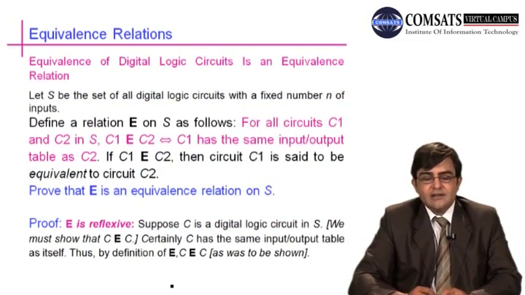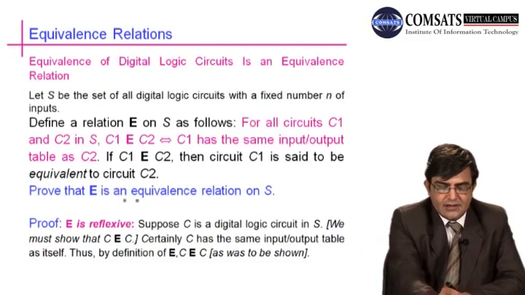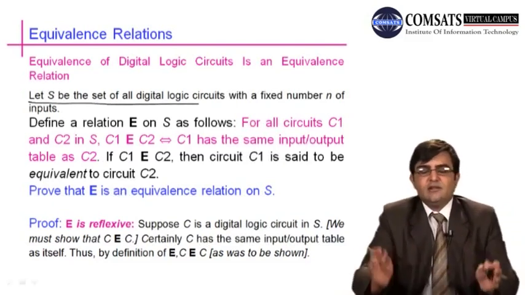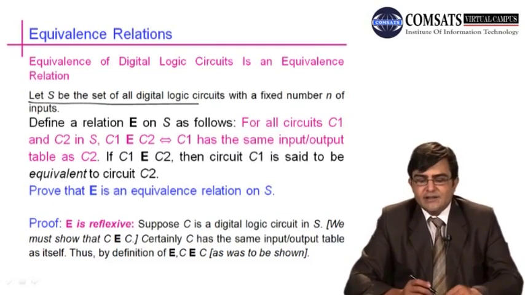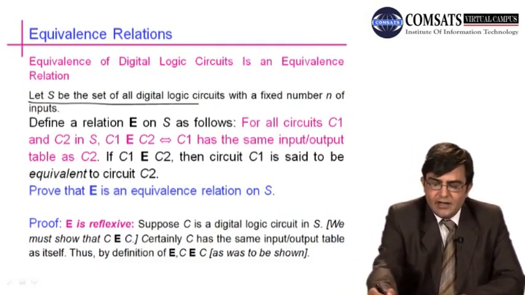We define another relation: equivalence of digital logic circuits is an equivalence relation. How do we define the relation on digital logic circuits? Let S be the set of all digital logic circuits which we have studied in logic with a fixed number of inputs.